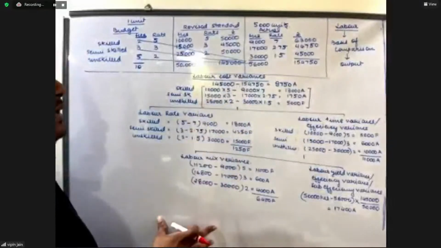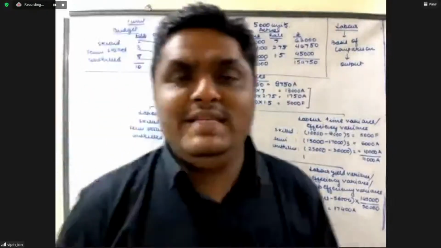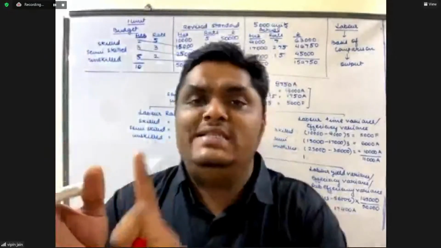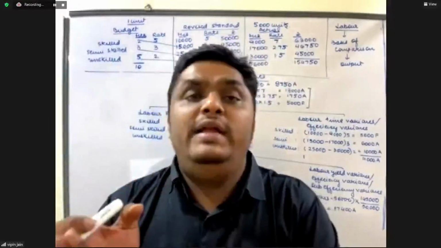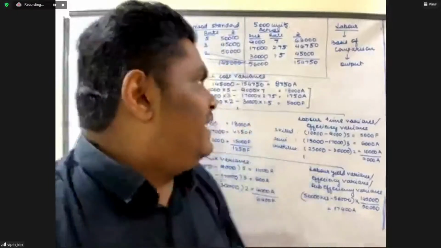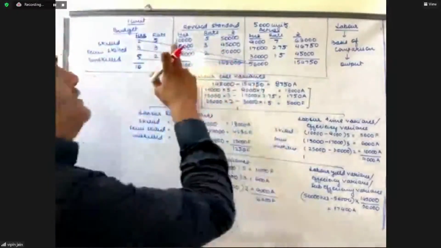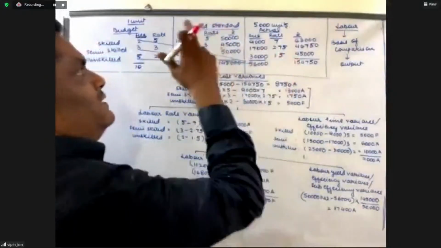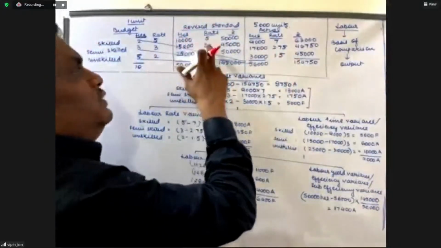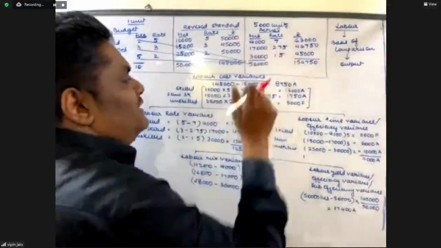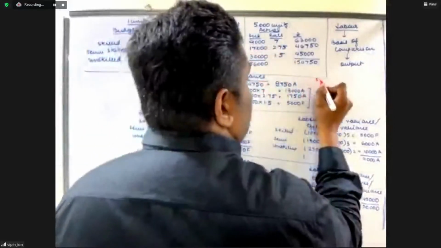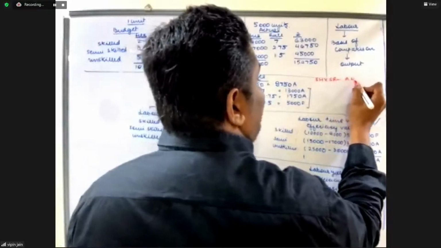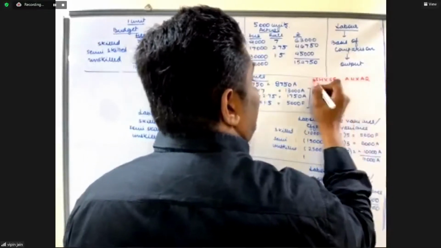When talking about labor cost variance, see, in case of material cost variance, it was standard quantity into standard price minus actual quantity into actual price. So this is standard hours into standard rate minus actual hours into actual rate.